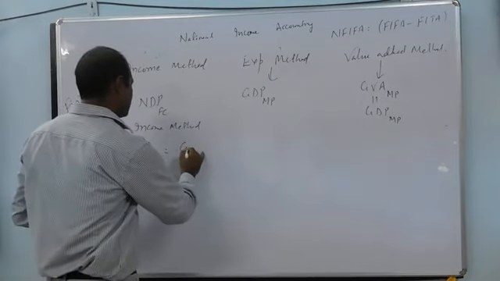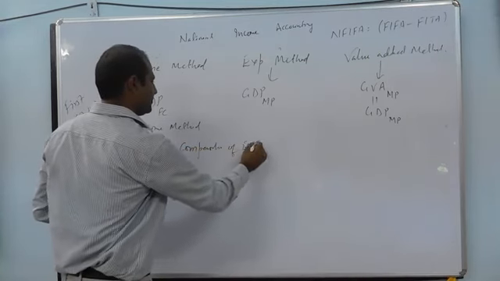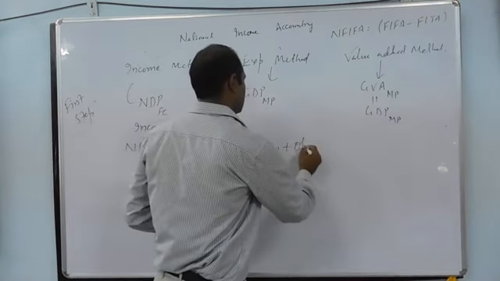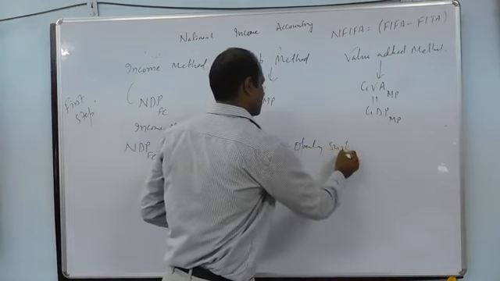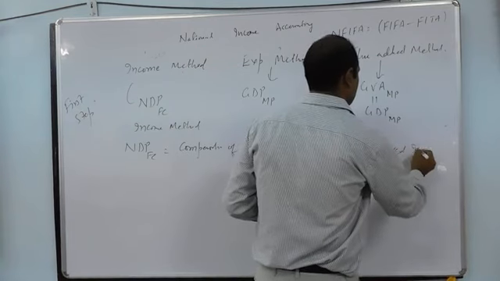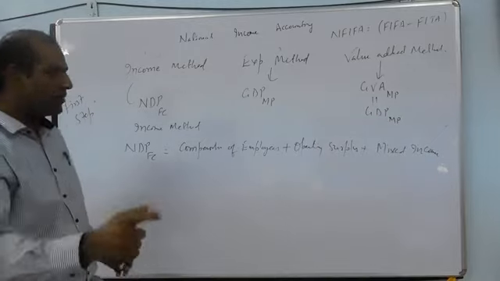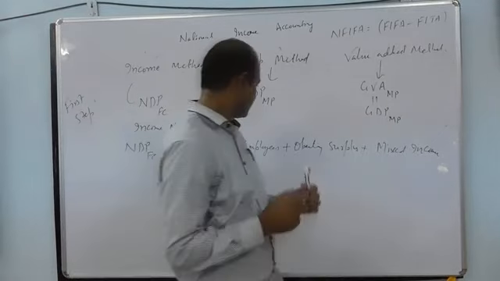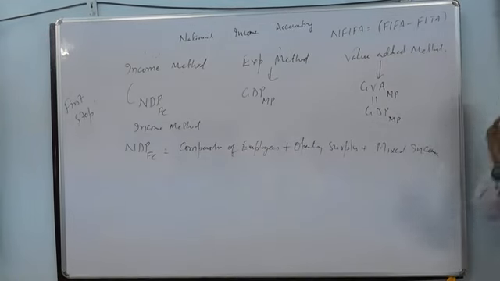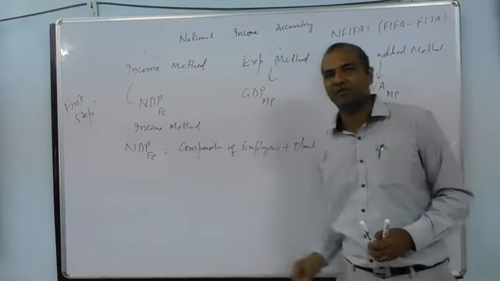NDPFC is equal to compensation of employees plus operating surplus plus mixed income. If you add all these three, what you will be getting? You will be getting NDPFC. You have to write this. After adding these three, you will be getting NDPFC.